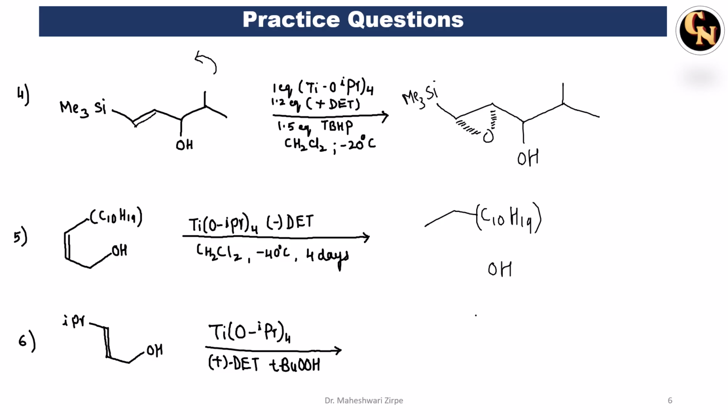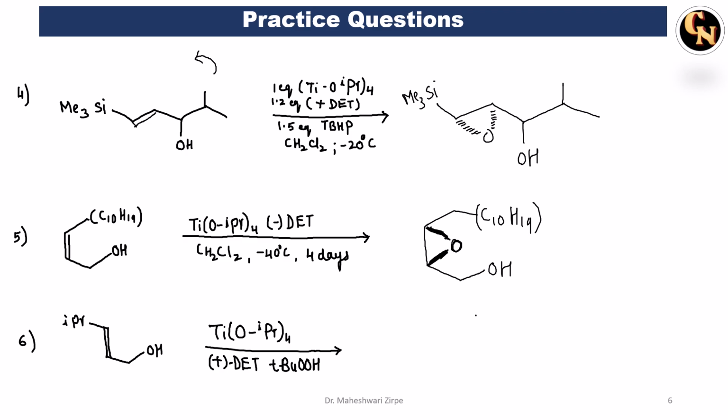Because it is minus and the OH will be on the left hand side when you rotate it, you are going to get a wedge epoxide, that means above the plane.